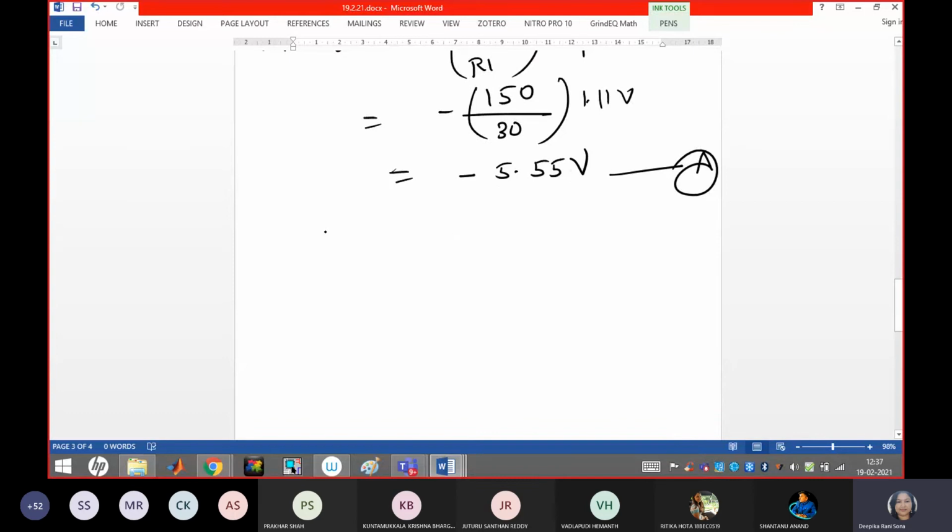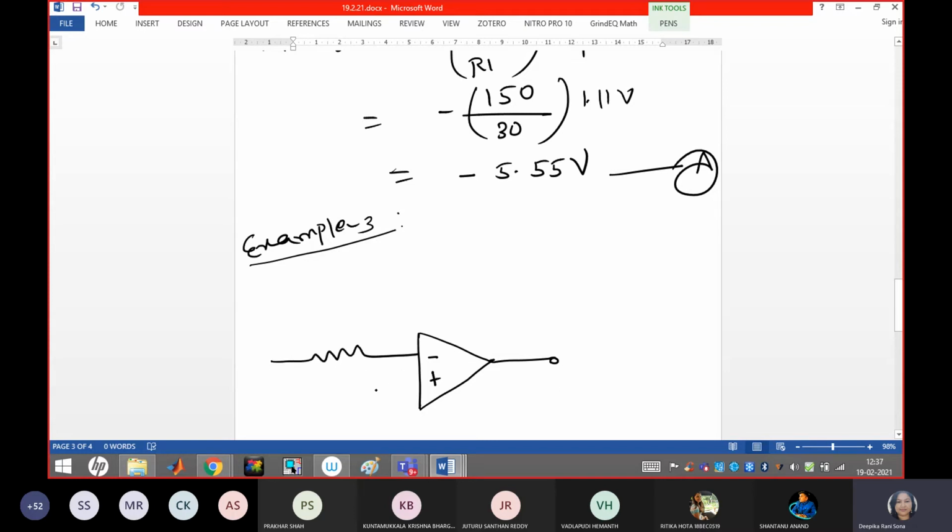The new question, one more new question for you guys. Just let me draw the circuit first. This is Vin, this is R1.